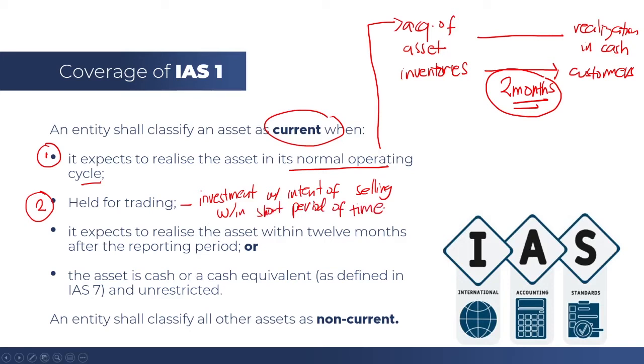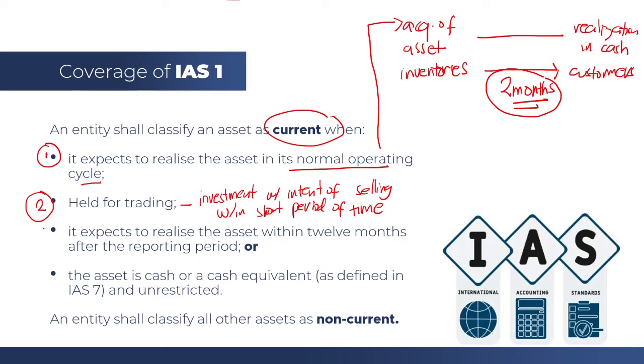So if you have an intent of selling it and you don't know when, normally within 1 year, sometimes within days, it is held for trading. And it is always a current asset, and it's held at fair value. This part actually primarily relates to assets that are bought or sold in formal exchanges like the stock exchange.